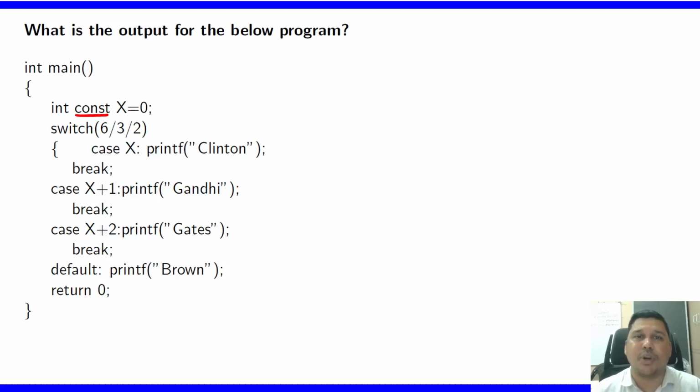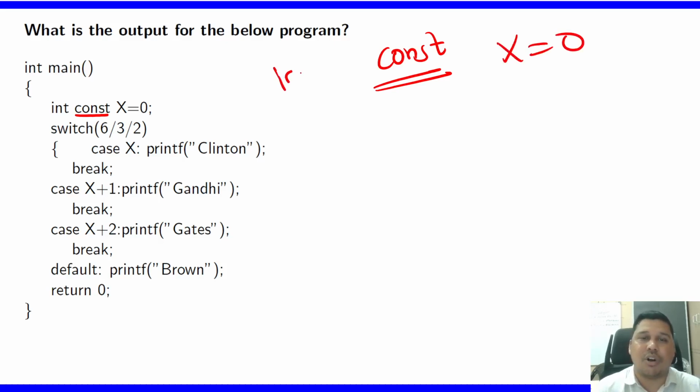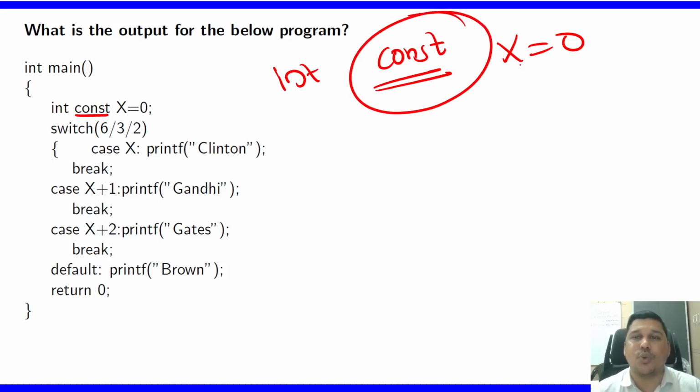Constant numbers 1, 2, 3, 4 are constants, right? So there is a keyword const, where the value of that variable remains the same in the entire program. It does not change. So int const x equal to 0 means const is a keyword you write when you want to fix the value of x as 0.